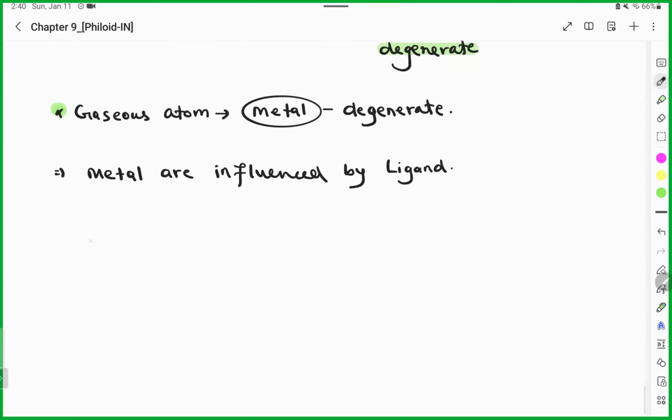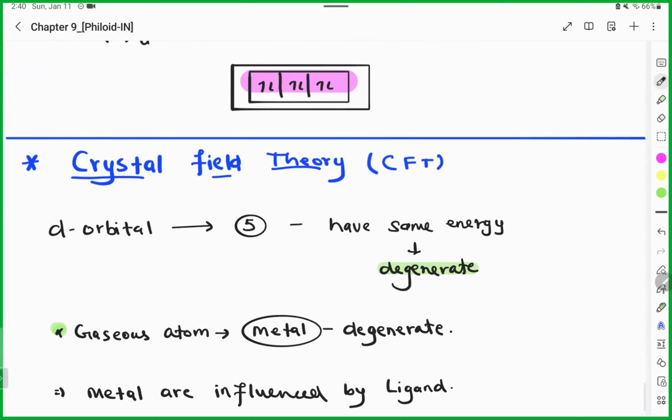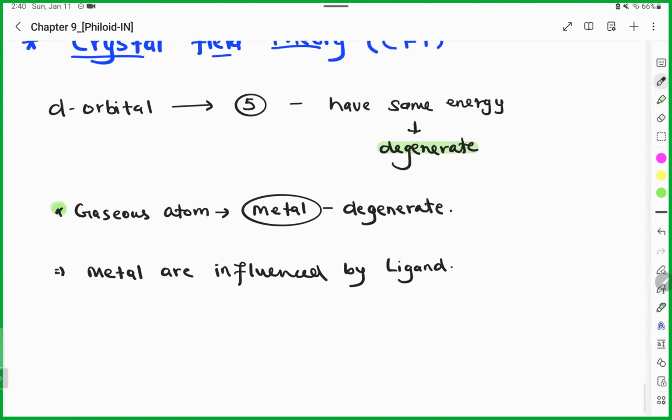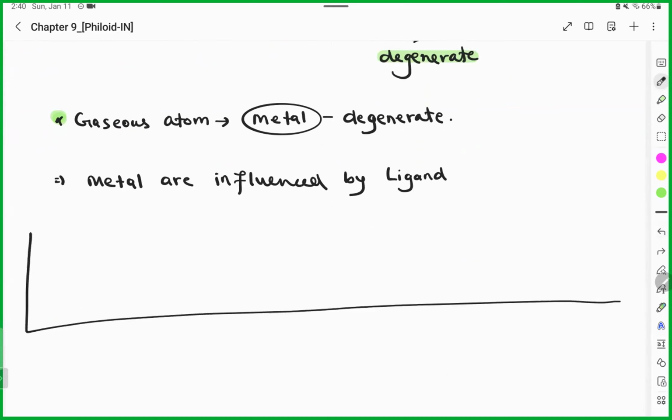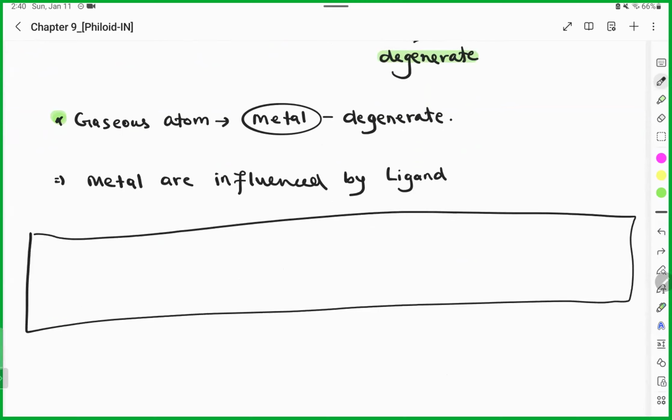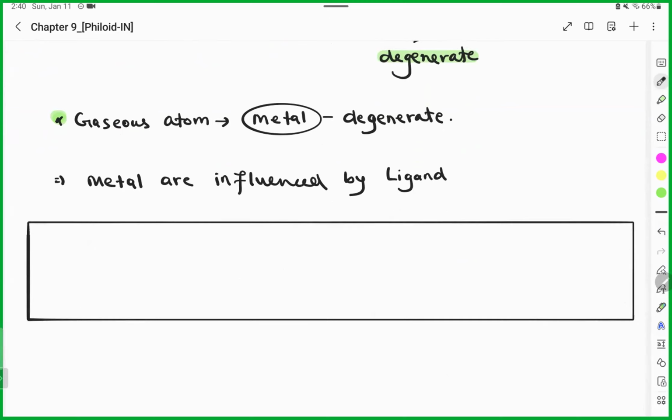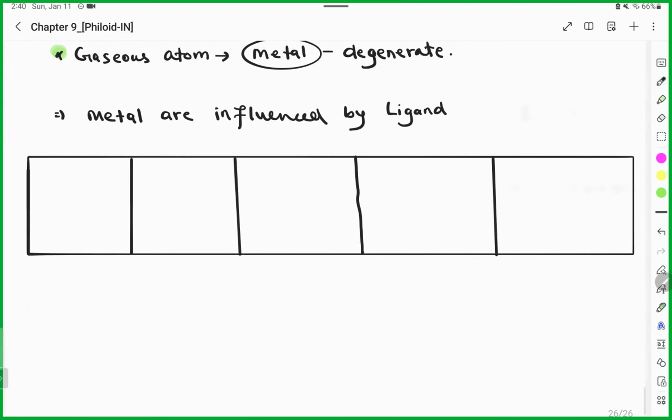Also, in d orbitals, when we say there are 5 d orbitals, there are different names for the 5 d orbitals. These are the d orbitals: 1, 2, 3, 4, 5.